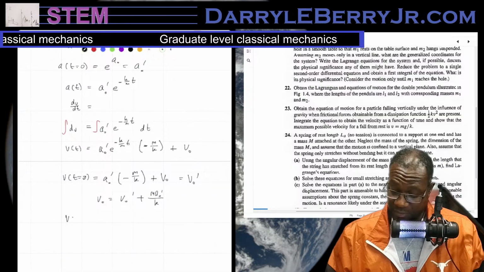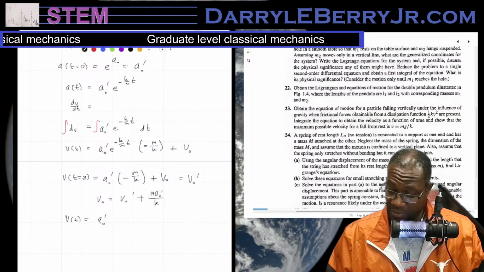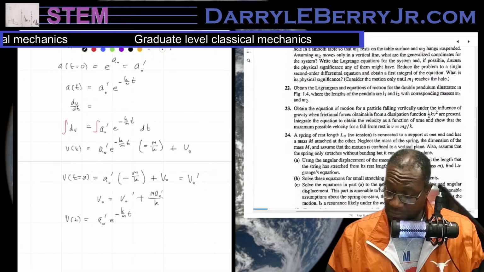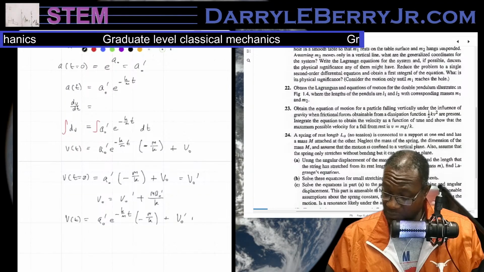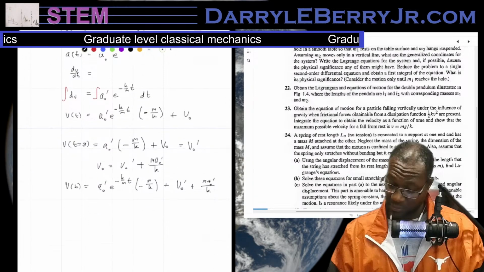So v of t equals a naught prime e to the negative k over m t, negative m over k, plus v naught prime plus m a naught prime over k.